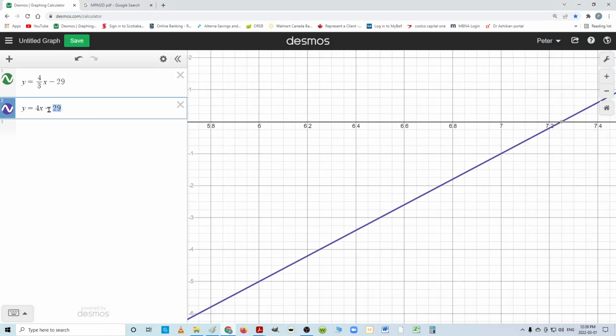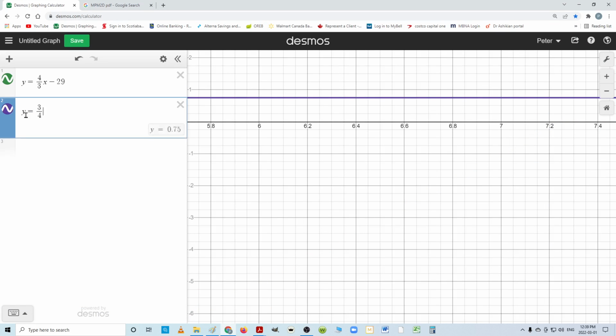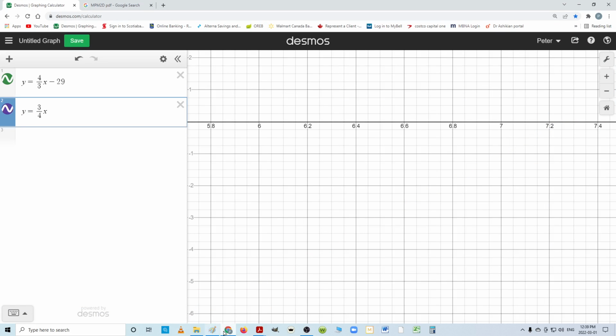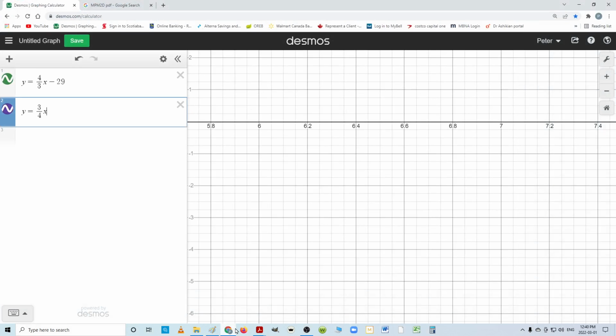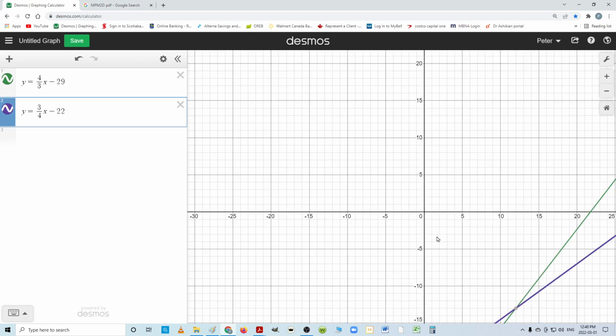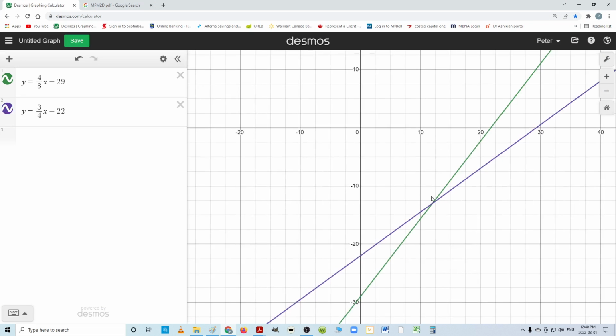And the other one was 3y is equal to, rather, 4 over 3x. That's up top. 3 over 4x minus 22. Okay, so to see these graphs, we have to sort of zoom out. And they're way over here. Yeah, so I totally got my y wrong, so I'd have to use that. So we can see that it meets at minus 13.